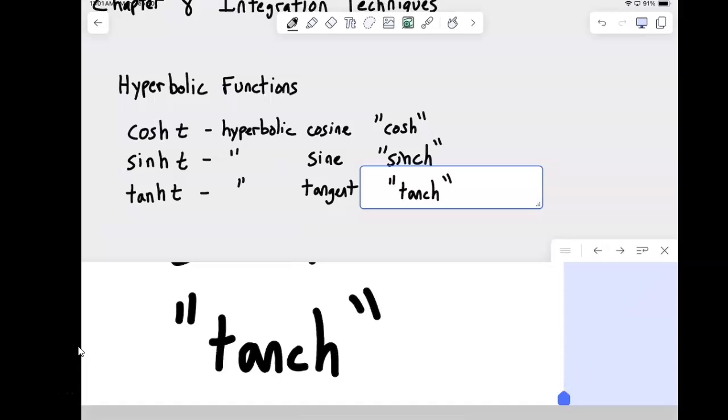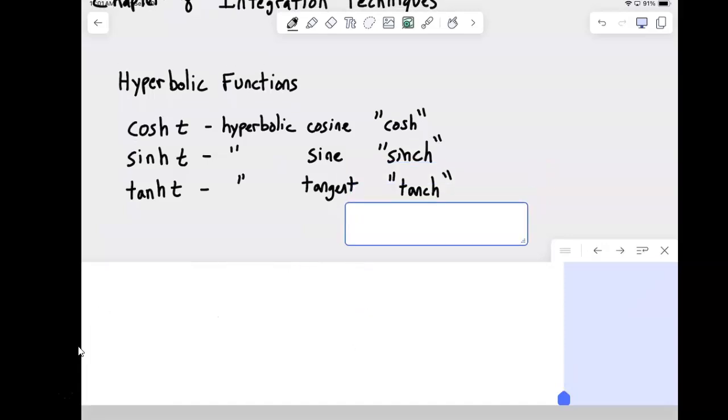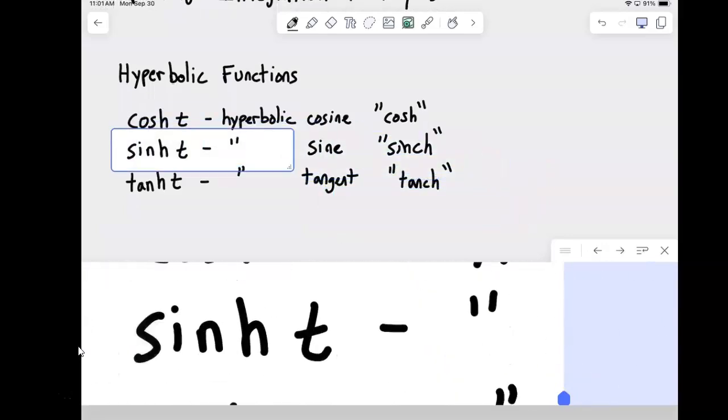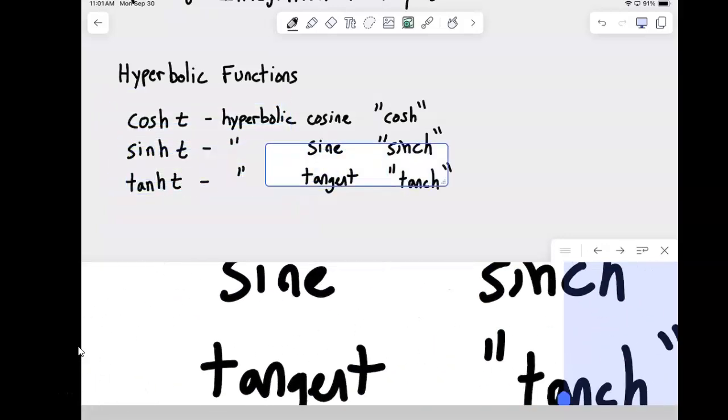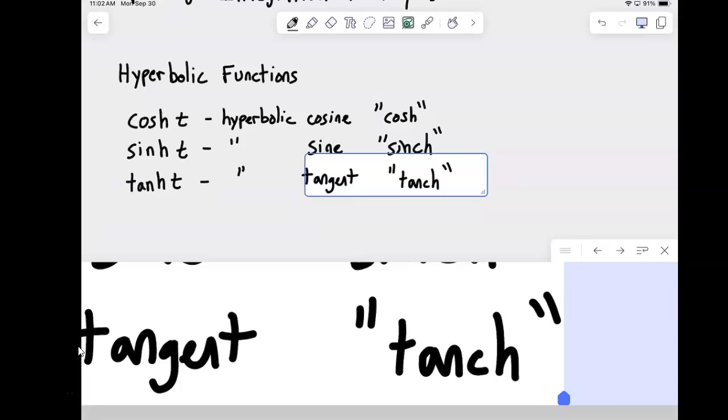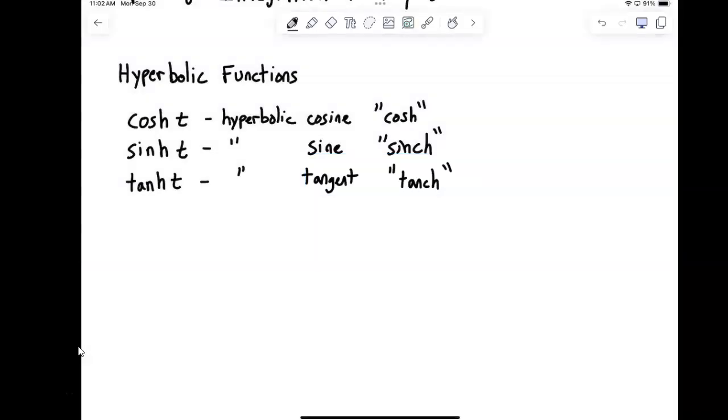We also have hyperbolic cotangent, coth, hyperbolic cosecant, csch, and hyperbolic secant, sech, S-E-C-H. But we'll mostly focus on these three. And we can see these come up in integrals and also in derivatives as we move on here.